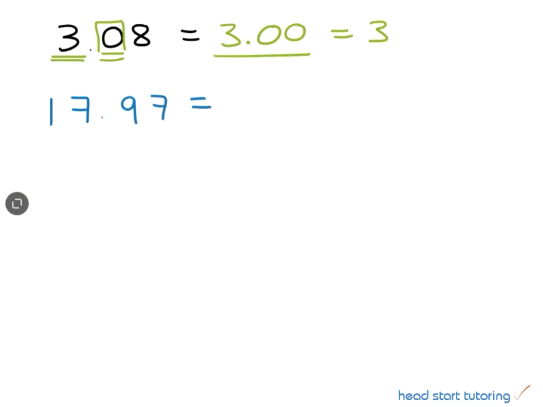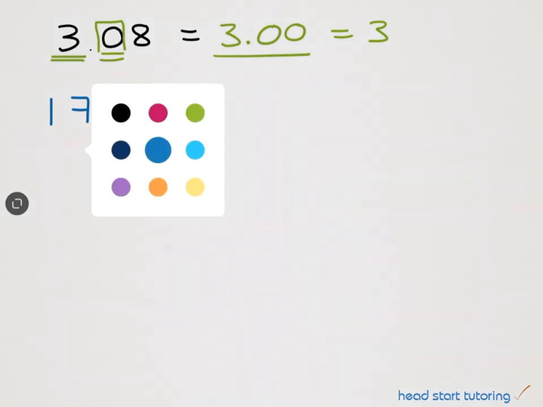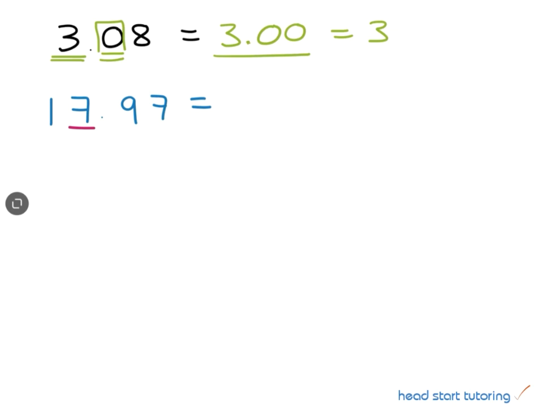If we were to round the number 17.97 off to the nearest unit, what we need to do once again is have a look at our units. The place value of our 7 is 7 units, and then we have a look at the place value to the right, which is 9 tenths. If this number here is 5, 6, 7, 8, or 9, the value that we are rounding to will move up 1 digit.